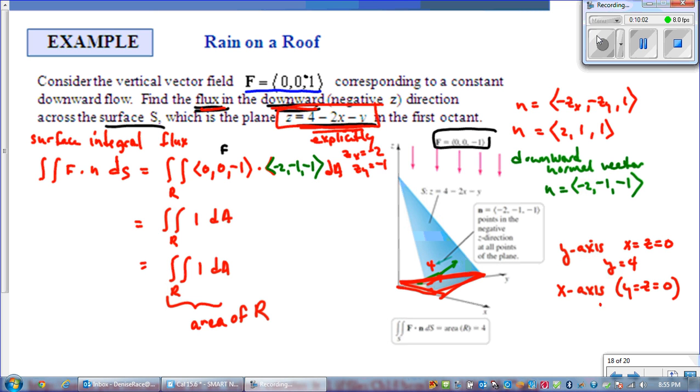So I'm going to have 4 minus 2x equal to 0, so x is going to equal 2. So this triangle, it's a right triangle there at the origin. And we'll have length 2 here, 4 here. So the triangle has area half the base times the height, which is simply going to be 4.